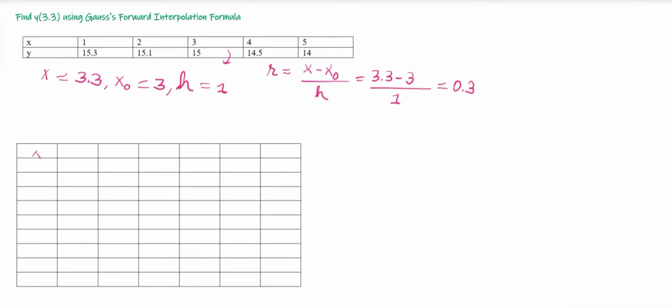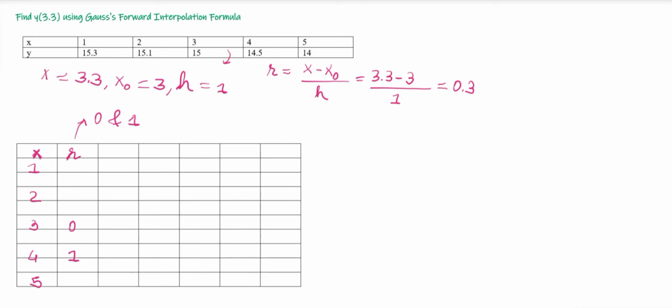Now here there is a difference in the table. We used to create a table with x and y in the first and second columns when we were solving the questions of Newton's forward and backward interpolation formula. But here, while solving using the Gauss forward and backward interpolation formula, we'll have one more column, which is r.